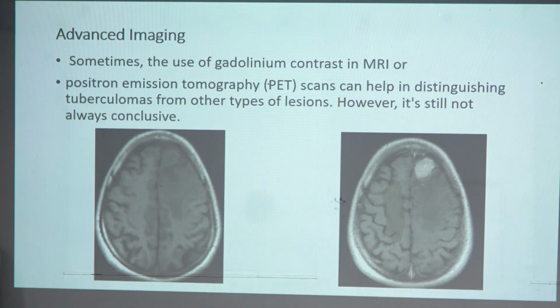Sometimes the picture of a tuberculoma looks like this at first, and only after proper imaging with gadolinium enhancement does it look like a tuberculoma, as on the right side. So it is very difficult to diagnose radiologically, and sometimes PET CT also helps. However, even with all this, many times tuberculomas go undetected.